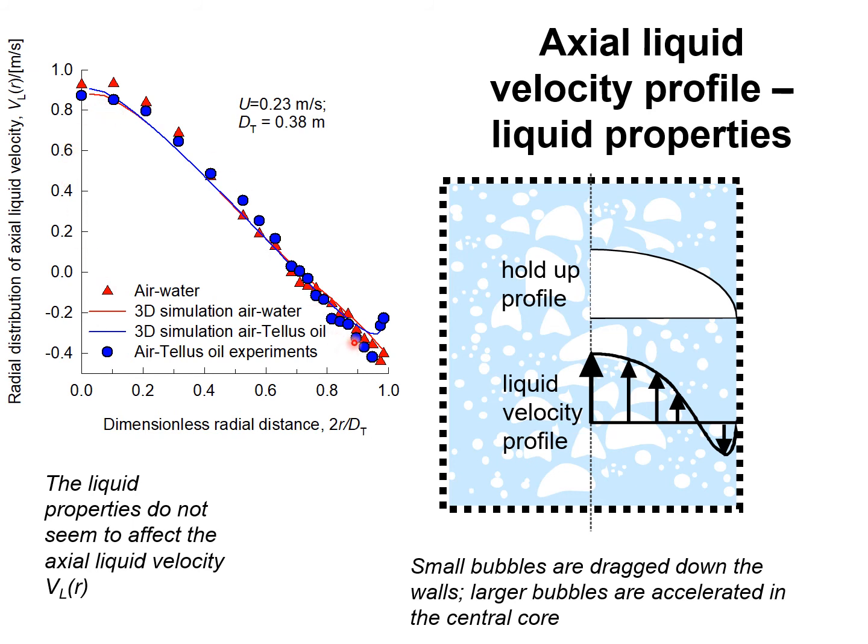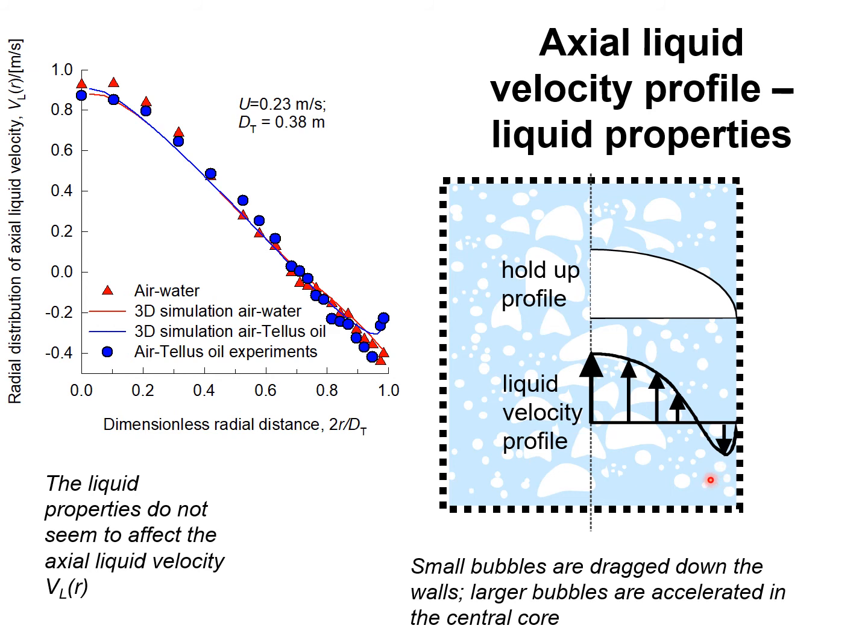The continuous lines are simulations using the 3D Eulerian approach. We note that the liquid velocity is upwards in the central core region, and close to the wall, the liquid velocity is directed downwards, and this downward liquid velocity drags with it the smaller bubbles downwards.